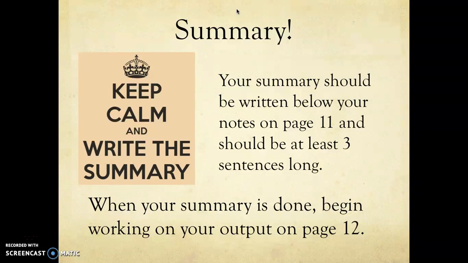When you're all done, you can begin working on your output page, which is going to be on page 12. As a reminder, an output page is a page where you are making a visual representation of the material. That could be something like a bubble map describing maybe the different steps of scientific inquiry.